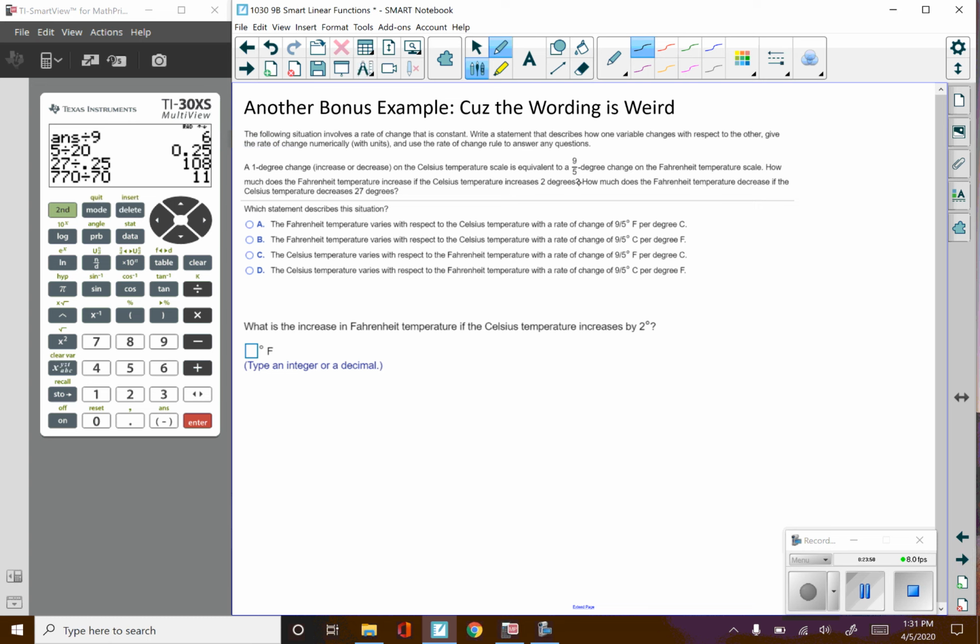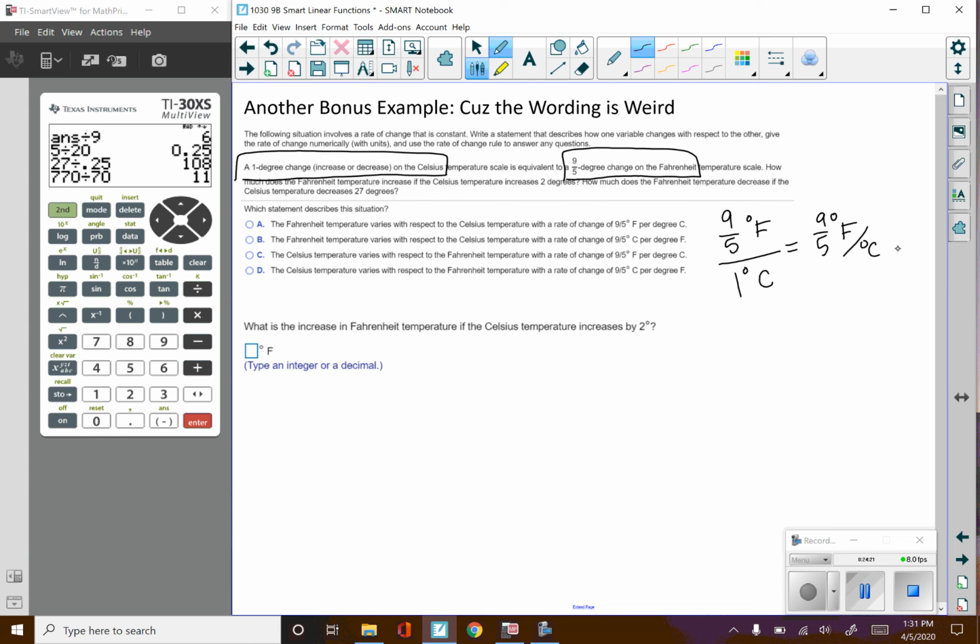So we know that a 9/5 degree change in Fahrenheit is equivalent to a 1 degree change in Celsius. So 9/5 of a degree Fahrenheit is the same as a 1 degree change in Celsius. So this is a 9/5 Fahrenheit degree change per Celsius degree.